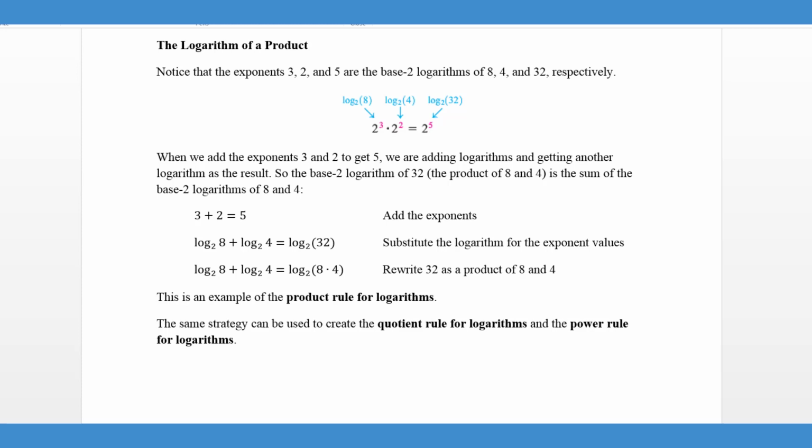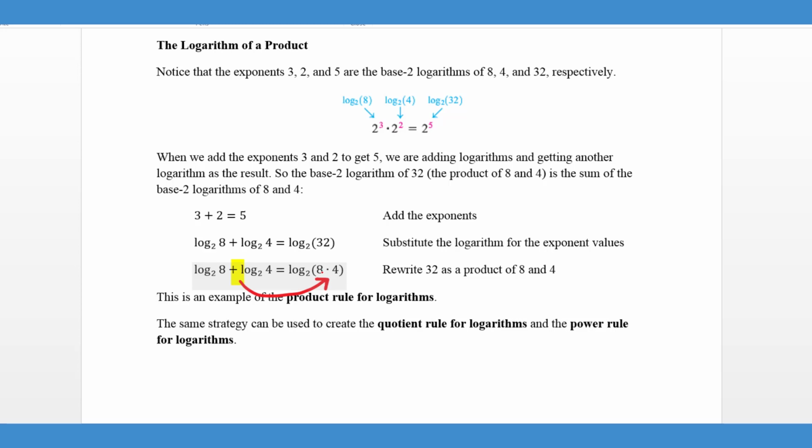By breaking up the 32 into 8 times 4, we've created this statement where the addition of these two logs converts to a multiplication inside a singular log. So this is going to be one of our log properties, where we can condense two logs into a singular log, and they stem from the exponent properties and what we know about the values of logs. That's a very good example of how exponential properties and logarithmic properties connect to each other.